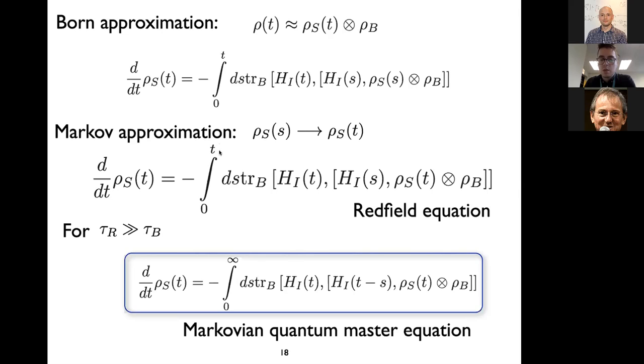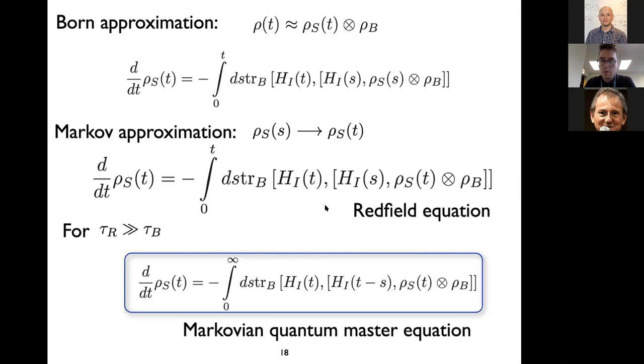Intuitively, this extension is only well justified if we assume that the integrand disappears sufficiently fast for times S which are much greater than the characteristic timescale over which terms within this integrand decay.